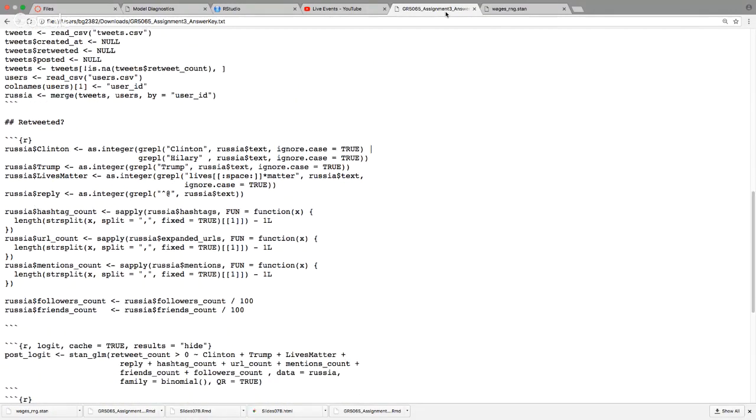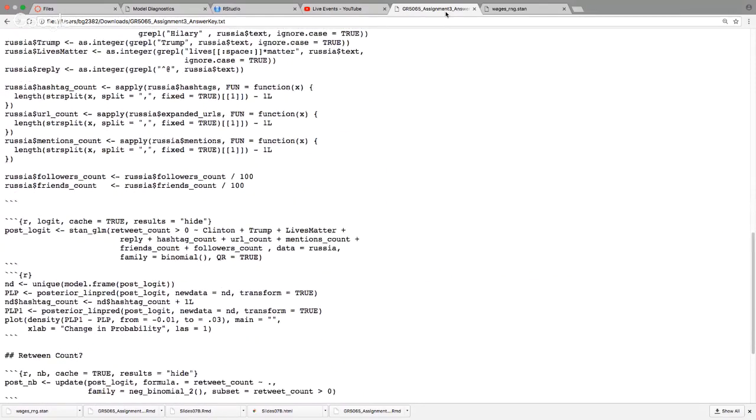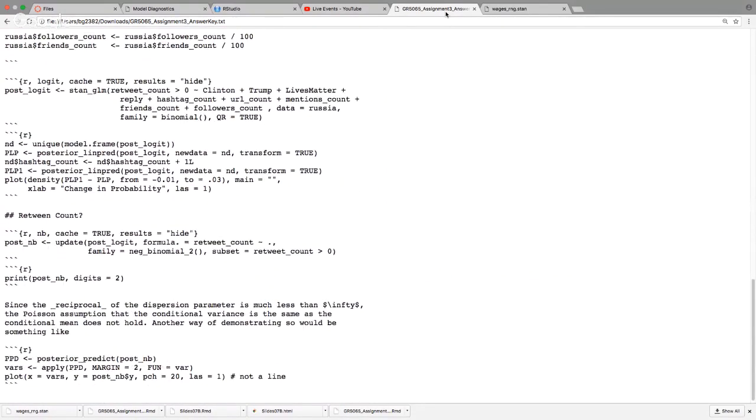URLs and mentions, etc. I divided followers and friends of the Twitter account by 100, just because a change in one follower I wouldn't think would have an appreciable effect on the probability that one of their tweets would be retweeted, but 100 followers certainly could.